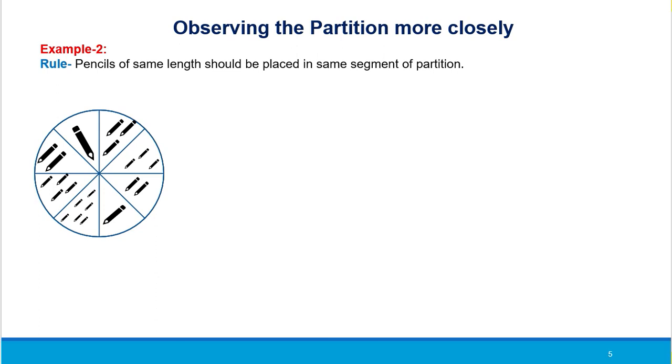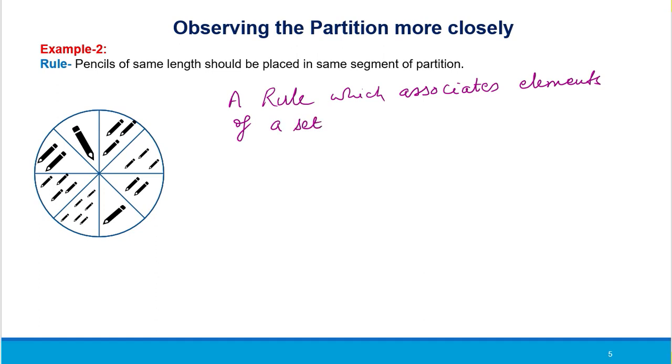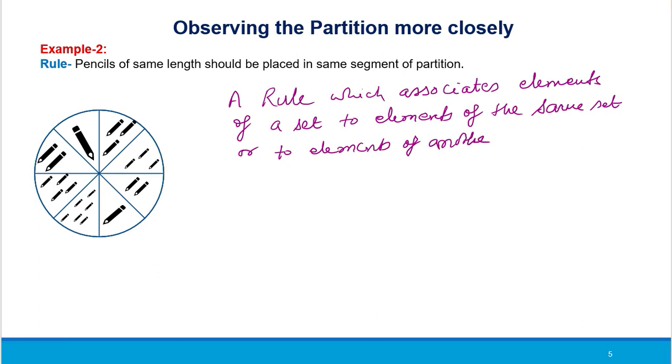So I write that a rule which associates elements of a set to elements of the same set or to elements of another set is called a relation.